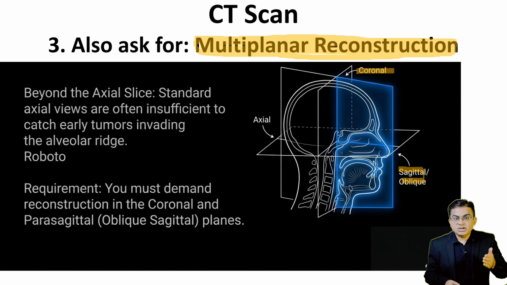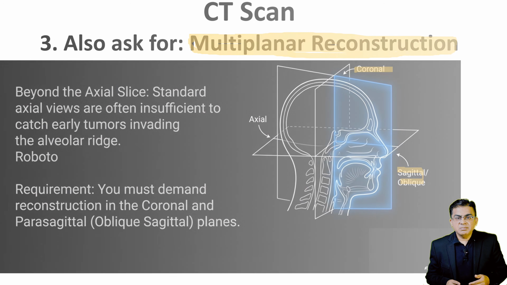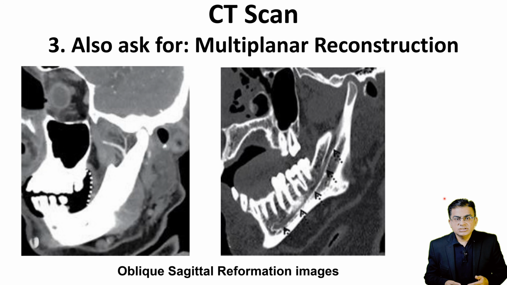You must look at the coronal slices, and more importantly, you need an oblique sagittal reformation. These are examples of a multiplanar reconstruction showing oblique sagittal reformation images.